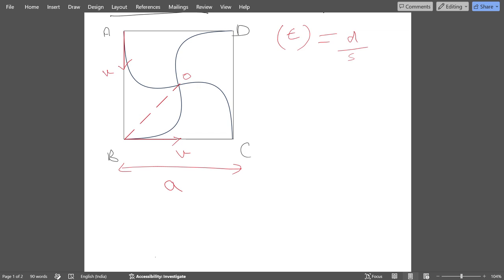So as you can see, the velocity component makes 45 degrees, and the component of velocity v of particle B towards the center O, what's it?